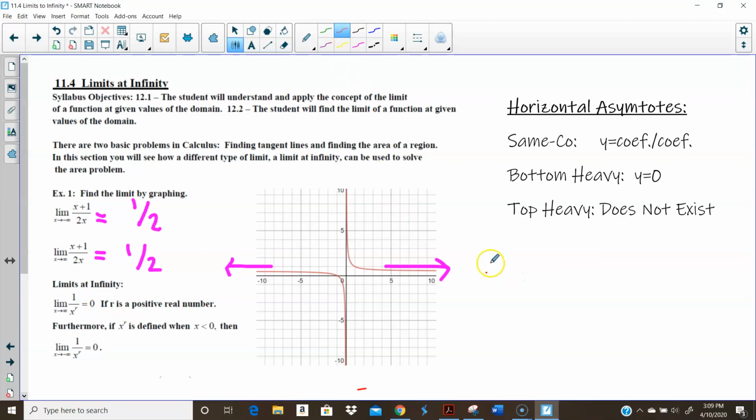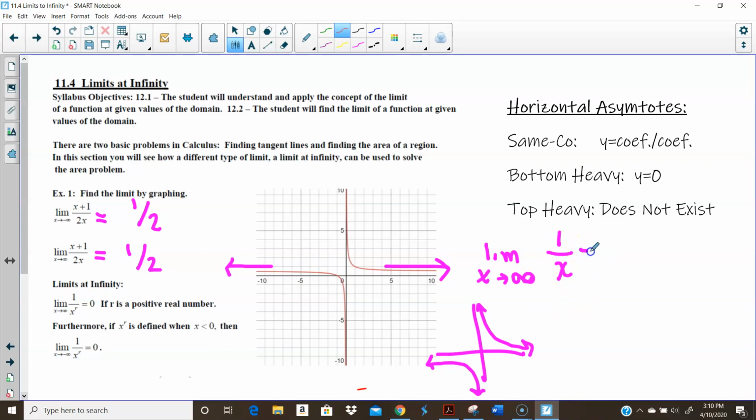So if we had the limit as x approaches infinity of the function 1 over x. So that's just your basic reciprocal function. That function, remember, looks like this, where you have 2 branches, and we have a horizontal asymptote at y equals 0 because it's bottom heavy.